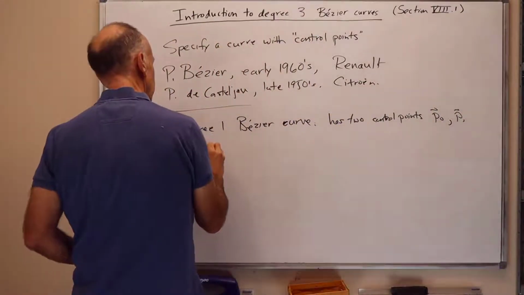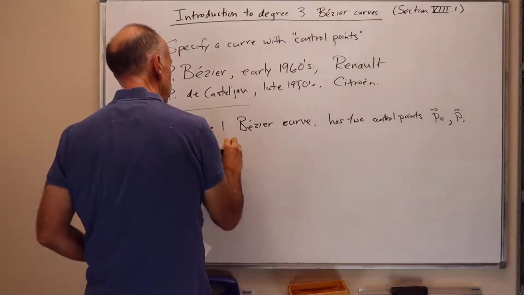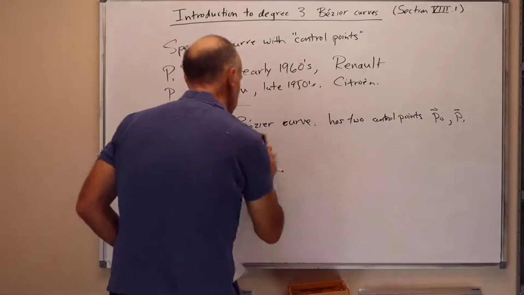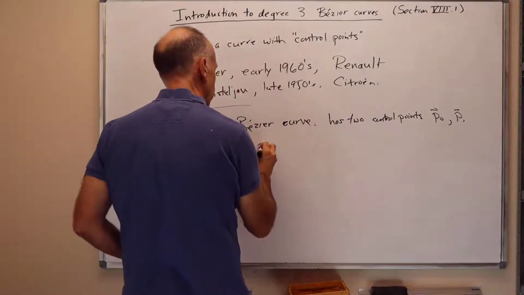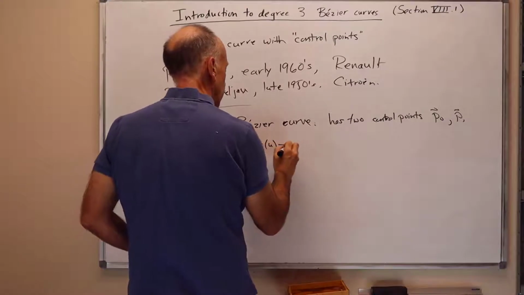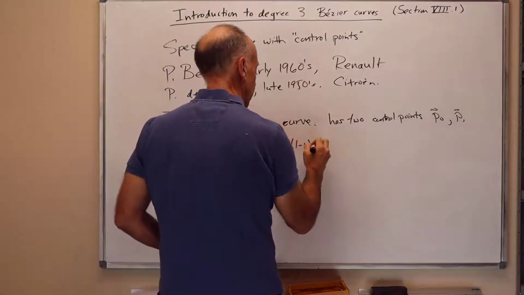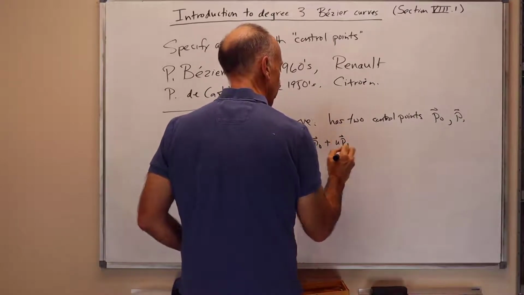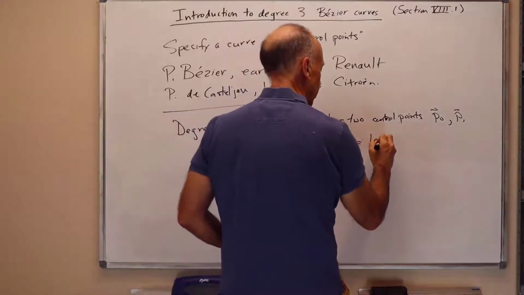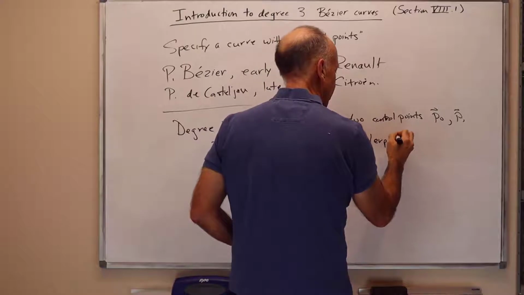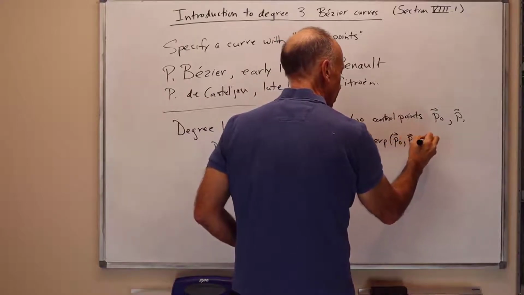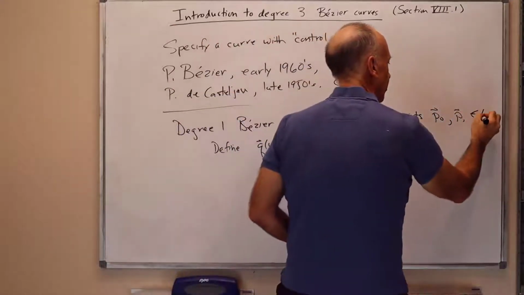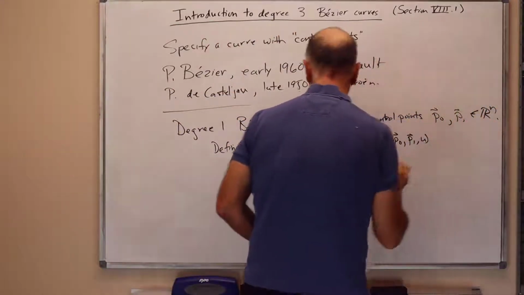And the curve, we define Q of u to be 1 minus u times P0 plus u times P1. In other words, it's the same as lerp P0, P1, u. And these points, I should have said earlier, live in some ambient space Rn.